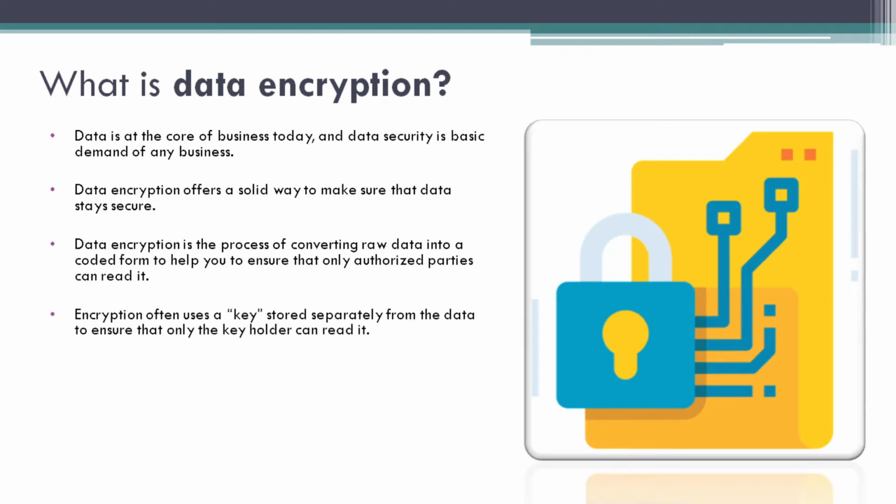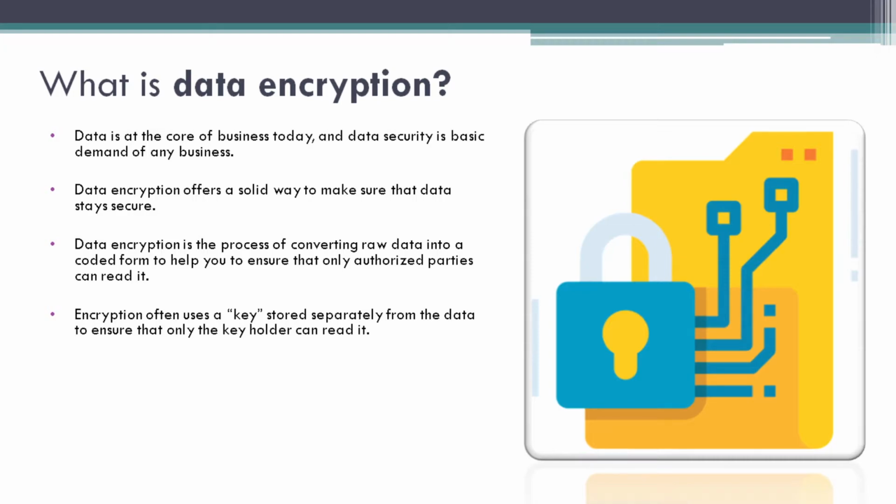Encryption often uses a key stored separately from the data to ensure that only the key holders can read it. So how can you encrypt your data? You can have one key, and with the help of that key, you can encrypt your data, and you have to store that key separately. You don't have to store your key with your data.